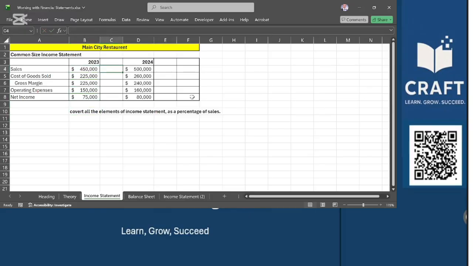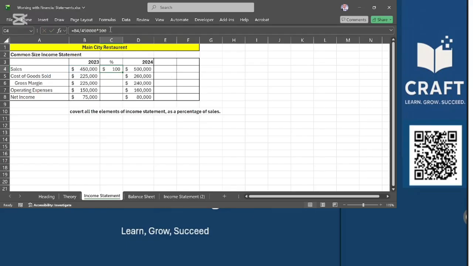So in a common size income statement we convert everything as a percentage of sales. For example, we add a percentage column next to the data provided, and we calculate the percentage by dividing each item by the sales, which in this case for 2023 is 450,000, and to calculate a percentage, multiply it by 100.